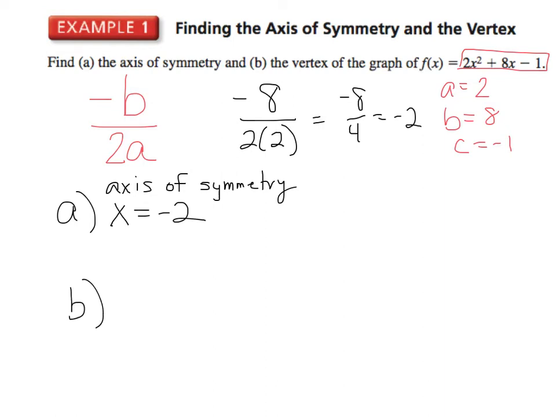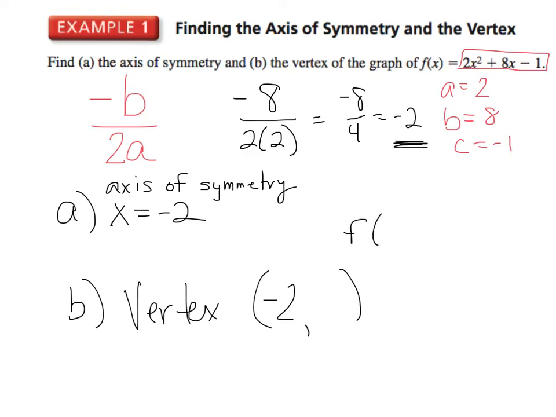Now B. B is the vertex. Now the vertex, you have to have an x-coordinate and a y-coordinate. We found the x-coordinate. It's negative 2. How do you find the y-coordinate? You plug it in. So we take our function, our equation, and all we do is plug in negative 2 for x.